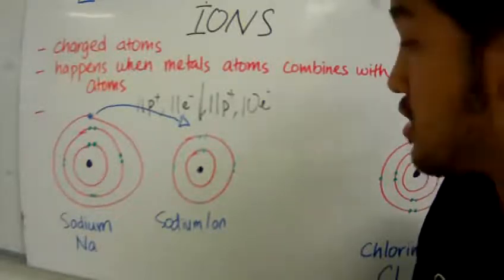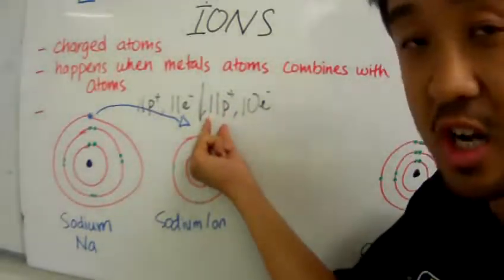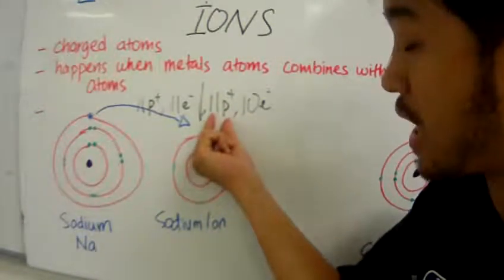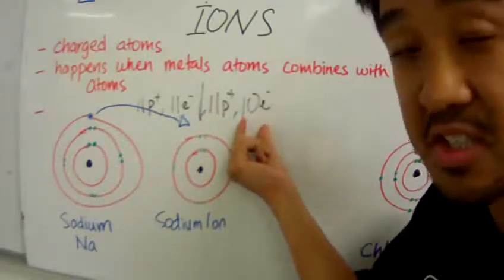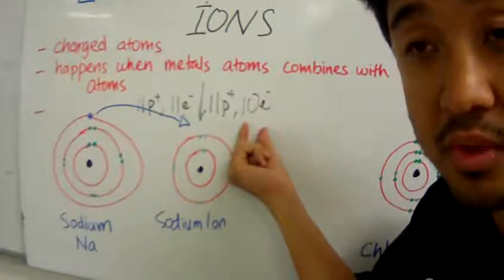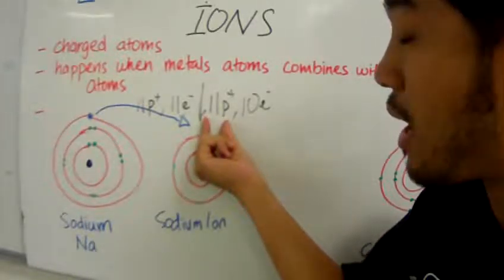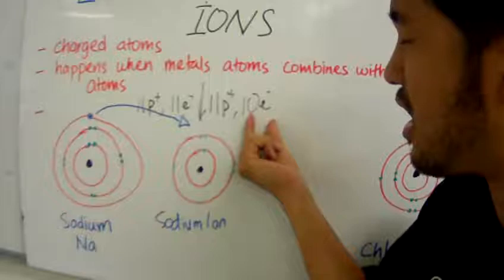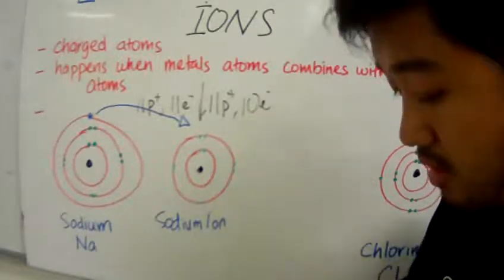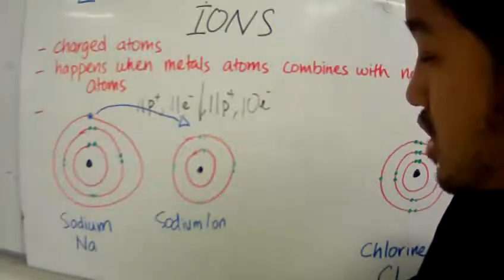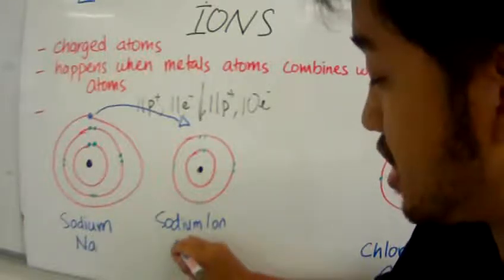And so the positive charge of the ion has now exceeded the charge of the negative electrons of that ion. So there's one more positive charge than there are negative charges. All right, one extra positive charge than the negative charge.